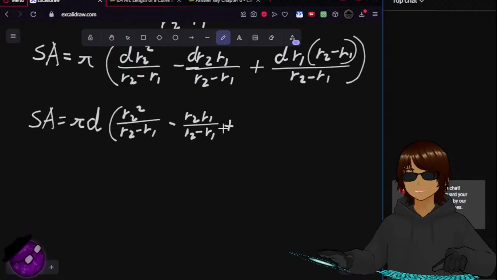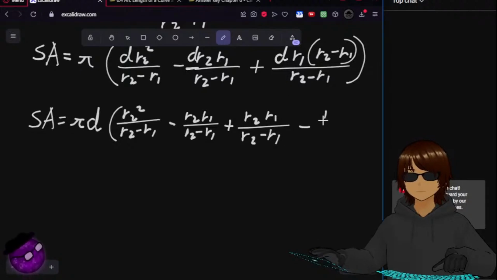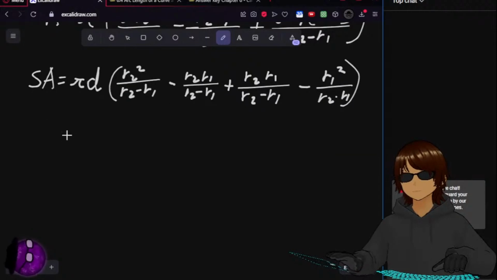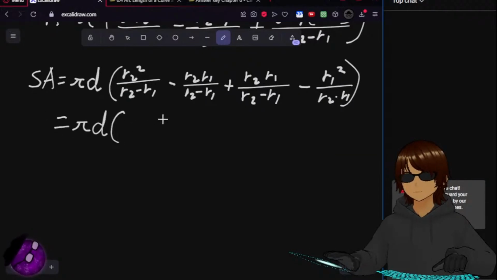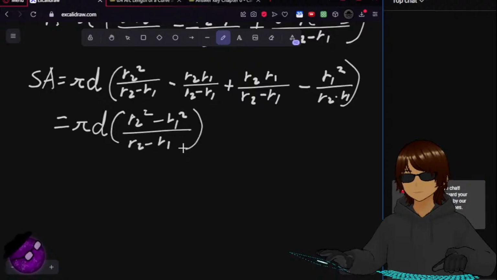And this is going to be annoying. So D is outside, and I can multiply these two, and I can separate the fractions as well: R1 squared over R2 minus R1, right? And then this and this cancel out. R2 squared minus R1 squared over R2 minus R1.